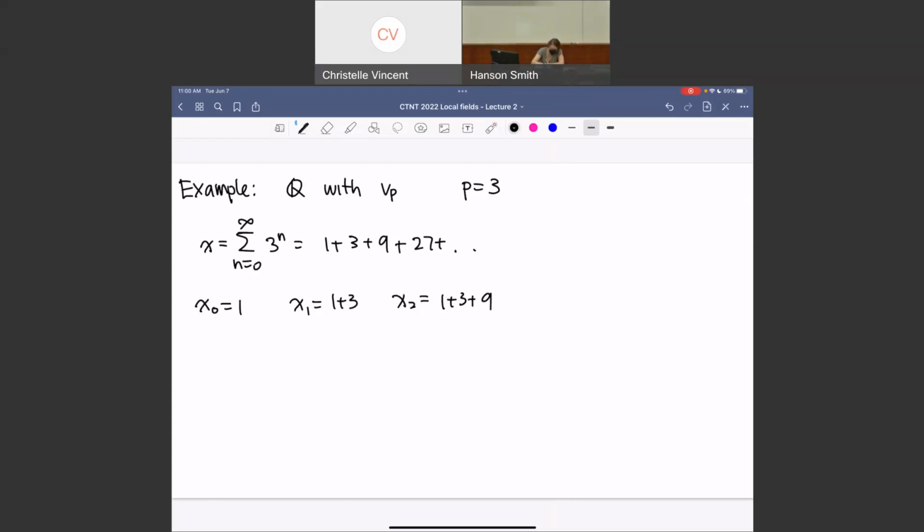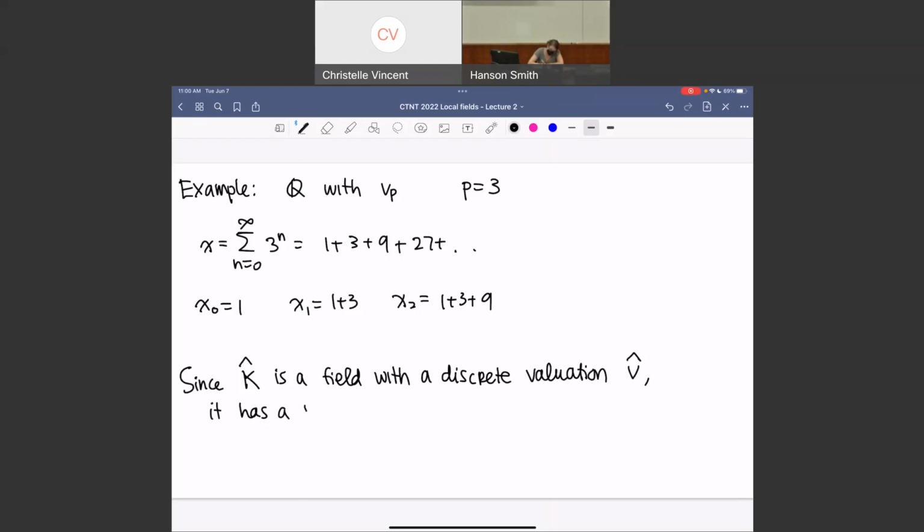Okay, so since K hat is a field with a discrete valuation v hat, it has a valuation ring A hat of all the stuff that has non-negative valuation.